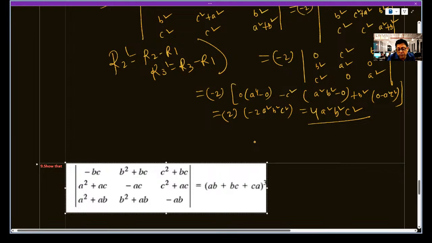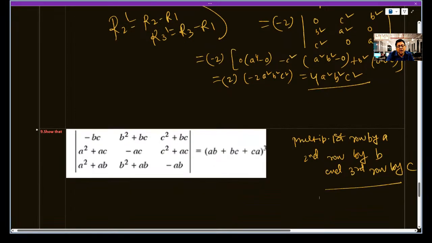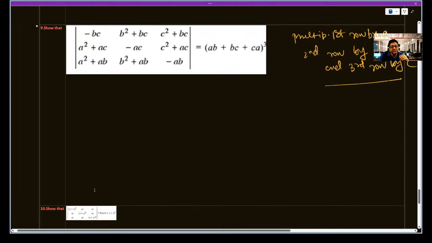You multiply first row by A, second row by B, and third row by C. Clear? And then take ABC common from first, second and third column. Proceed. Do it before I do it here.